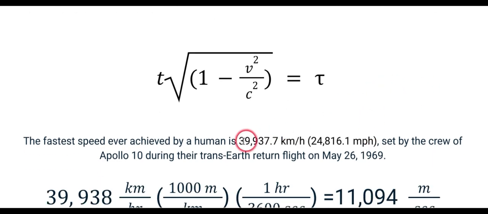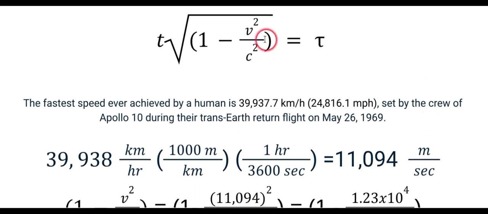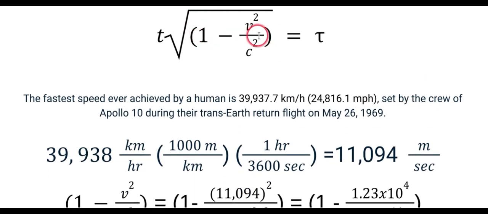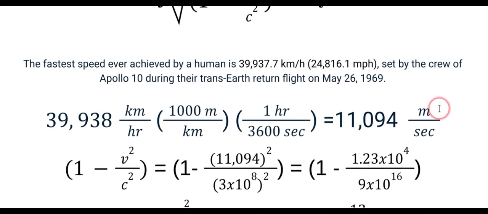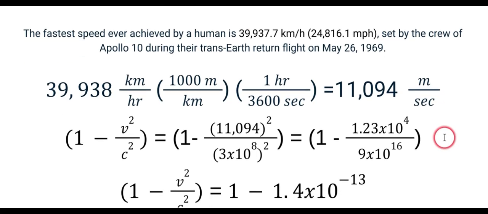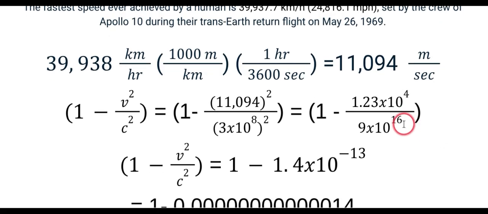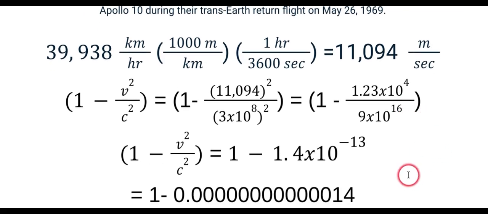Okay, so I'm going to take this number, convert it to meters per second, and plug it in this part of the equation, okay? So here is the velocity. This is v. Here's the speed of light. I square them both, and I do the division, and I get this unbelievably small number, which looks even more terrible when you write it out like this.